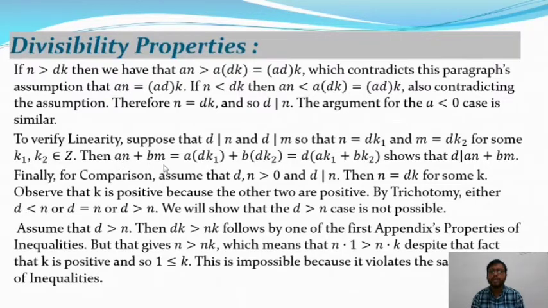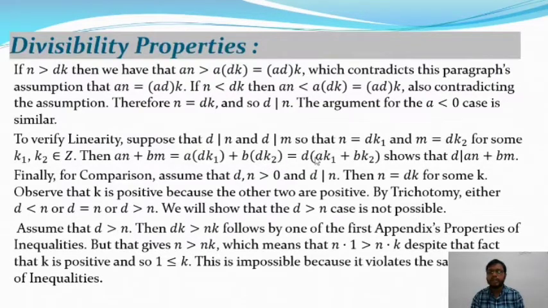Therefore an plus bm is equal to a times dk1 plus b times dk2, after putting the values of n and m.